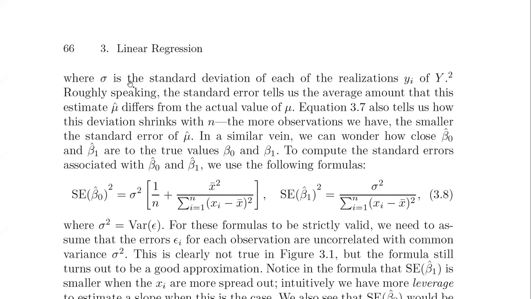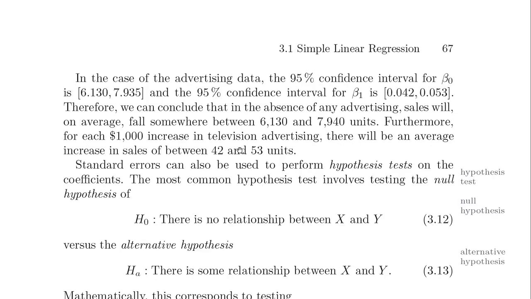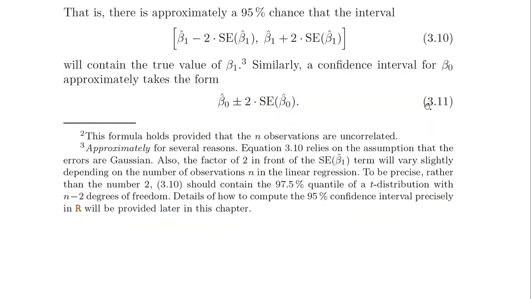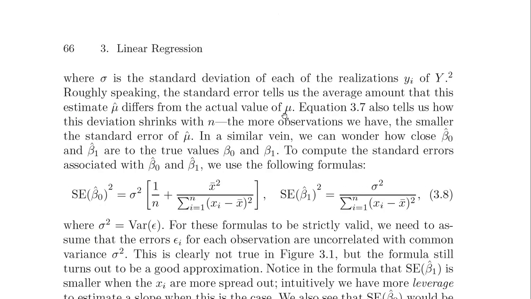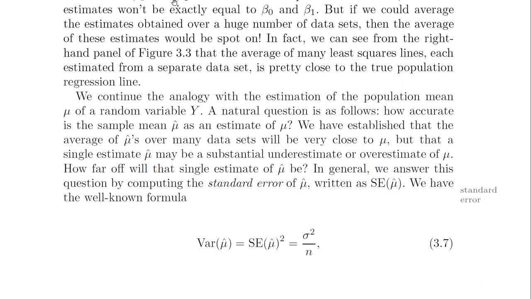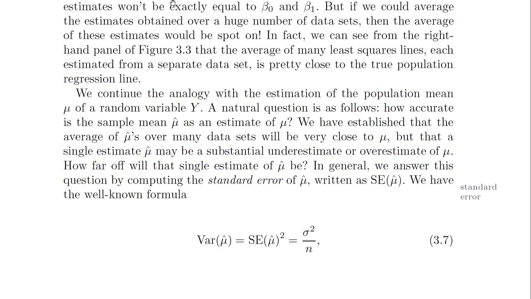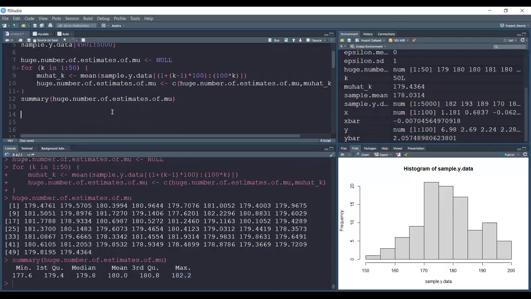It is sigma squared, where sigma squared is the variance of each of the realizations yi. But there is a footnote. Let's see. Yep, that's okay. We don't need to go into that. Division by the number of observations. Let's see. So the standard deviation of y. Do I do it only for one?